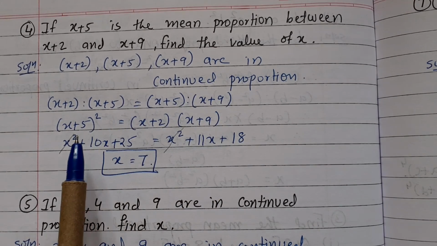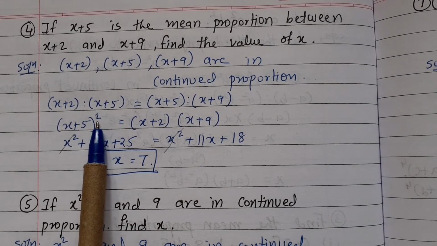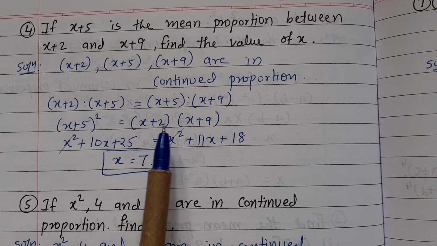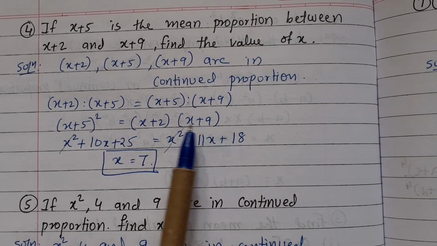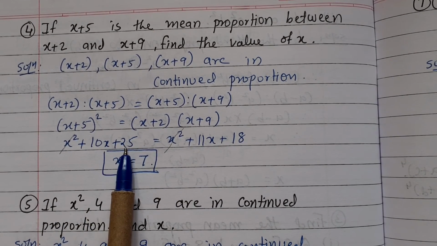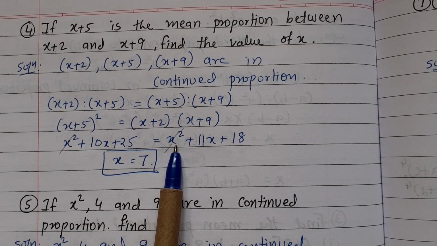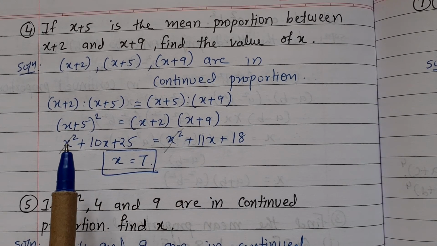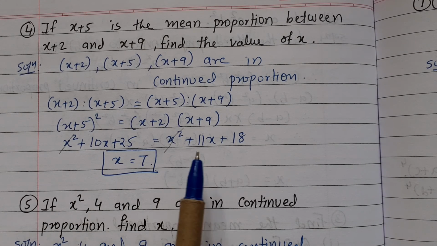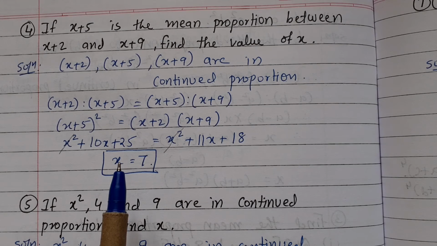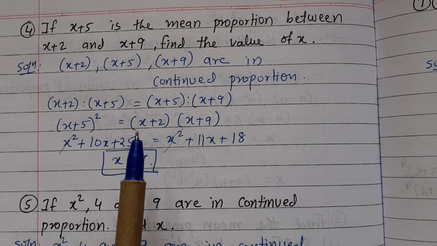Product of means, x plus 5 the whole square equal to product of extremes, x plus 2 into x plus 9. Open the bracket. x square plus 10x plus 25 equal to x square plus 11x plus 18. x square cancel each other. 10x taken to the right, minus 10x. 11 minus 10, 1. x equal to 25 minus 18, 7. x equal to 7.